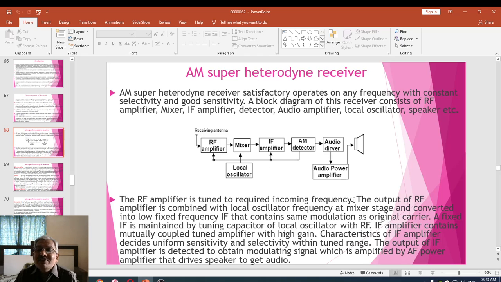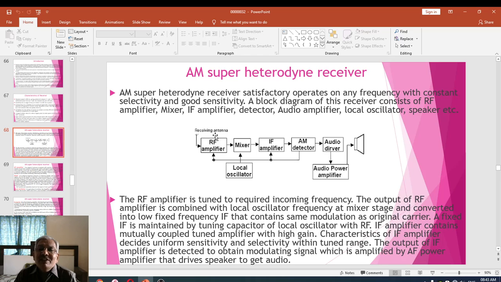The IF amplifier contains mutually coupled tuned amplifiers with high gain. The characteristics of the IF amplifier decide the uniform sensitivity and selectivity within the tuned range, so it has better selectivity and sensitivity. The output of the IF amplifier is detected to obtain the modulating signal, which is amplified by the audio frequency power amplifier that drives the speaker to get the audio. In general, this is how the AM superheterodyne receiver works.